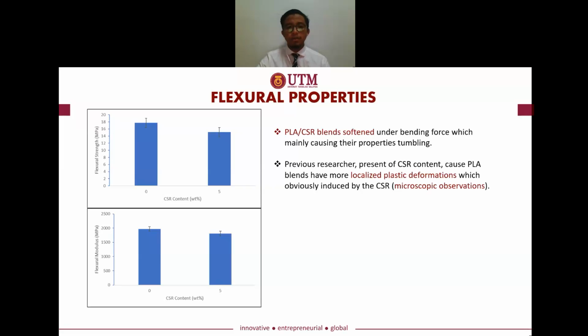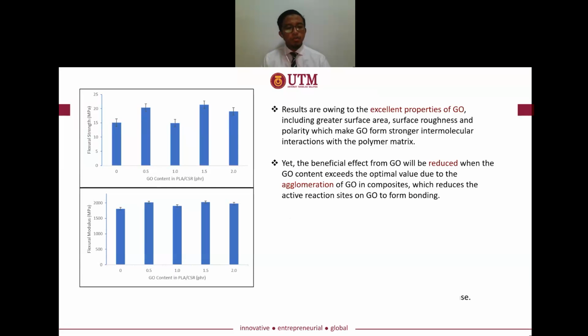by the CSR. So the results when we incorporate graphene oxide at various loadings show an increasing trend from 0.5 PHR to 1.5 PHR.